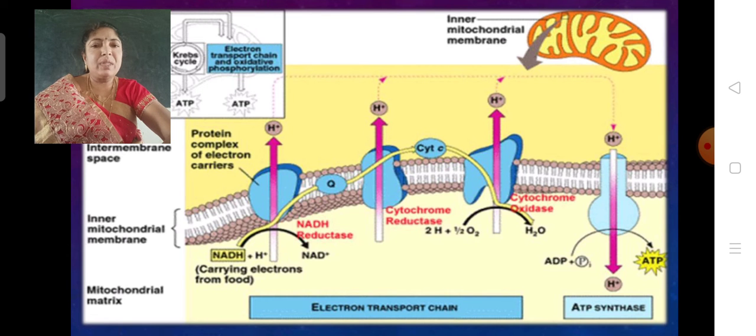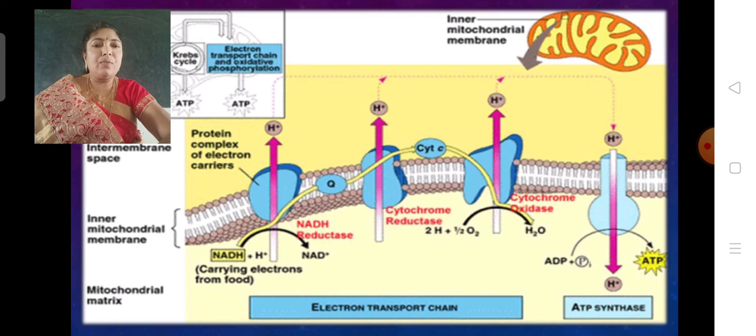This is the third complex, from which ATP is formed at three places. See that the pink color represents the formation of ATP and release of 4 hydrogen atoms.